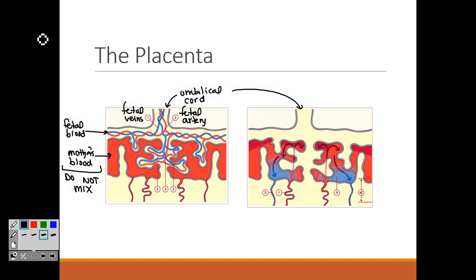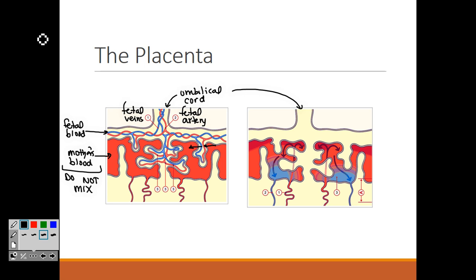However, you might remember that things can move in and out of blood vessels because blood vessels have walls that allow for exchange. So anywhere there is fetal blood close to the mother's blood, things could be moving in and out of those blood streams.